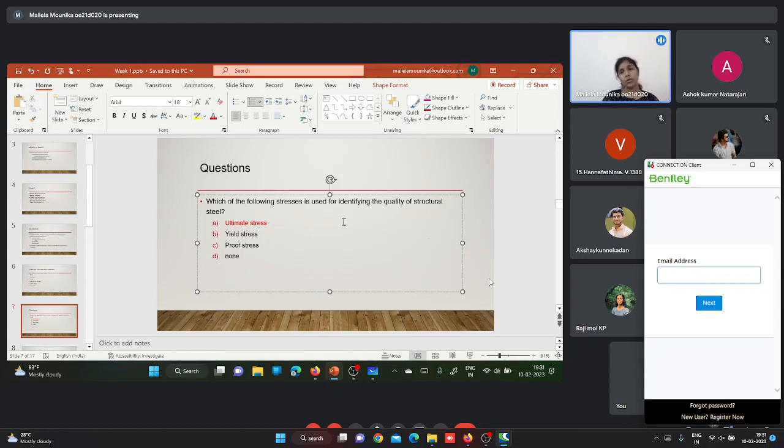When you have to check the quality of a structural steel, if you see the ultimate stress which it is capable of taking, then you can understand whether the structural steel is of good quality or not.